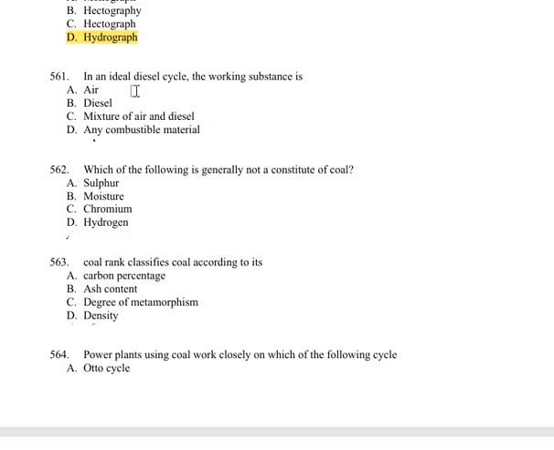In an ideal diesel cycle, the working substance is air. Which of the following is generally not a constituent of coal? Chromium. Coal is ranked and classified according to its degree of metamorphism.